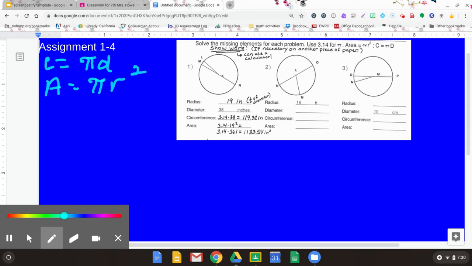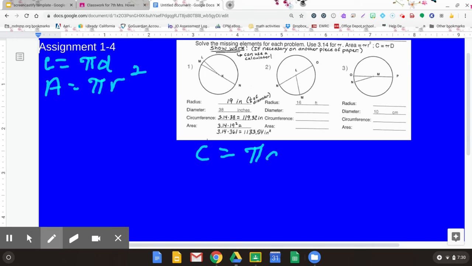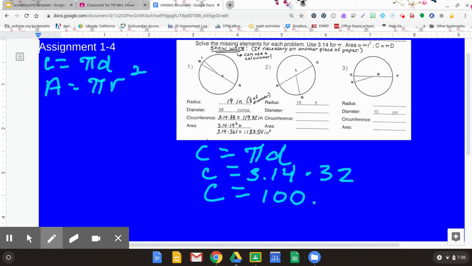So remember, circumference equals pi times the diameter. The circumference equals 3.14 times the diameter, which was 32. So the circumference equals 100.48 feet. And our unit is feet here.